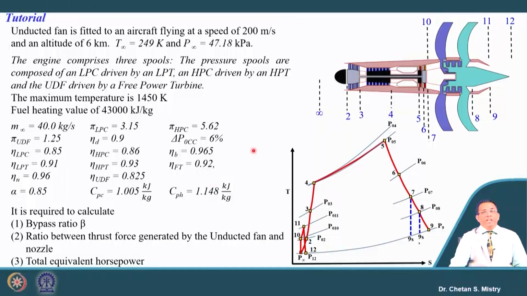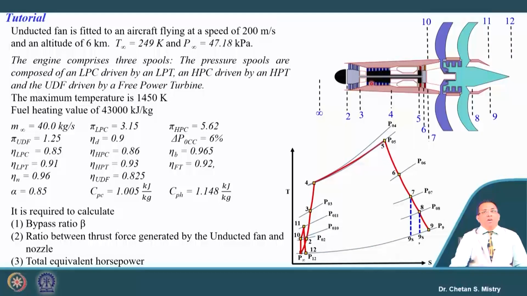So, best practice, as we have discussed for almost all cycles, the very first thing we need to do is draw a line diagram representative of the configuration given. Here, the LP compressor is driven by the LP turbine, and the HP compressor is driven by the HP turbine.